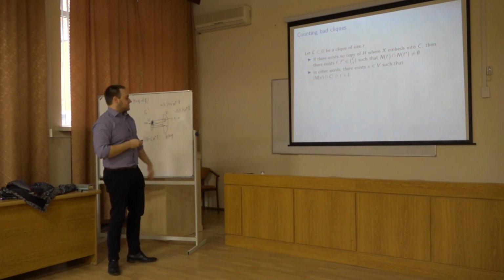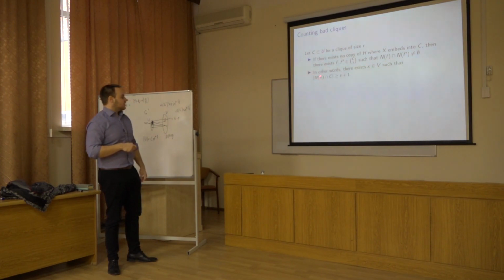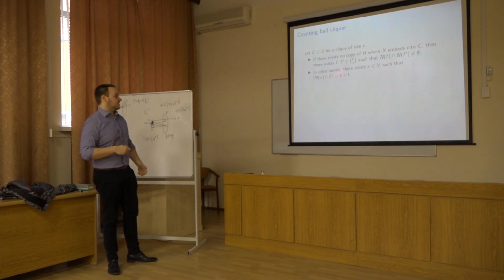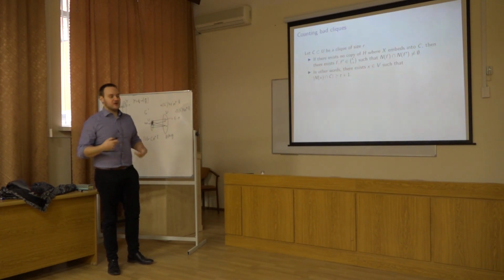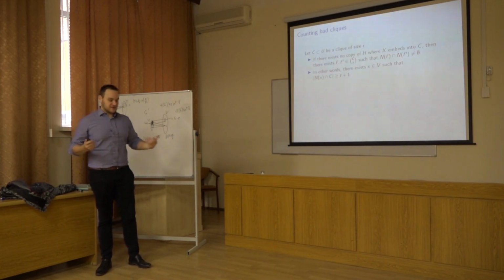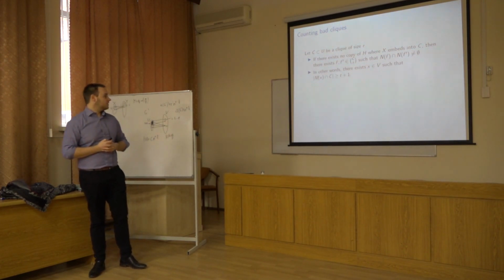Why is that? Because the neighborhood of X contains the union of f and f prime, and these are distinct hyperedges of size t, so their union has size at least t plus 1. So this intersection is at least t plus 1.